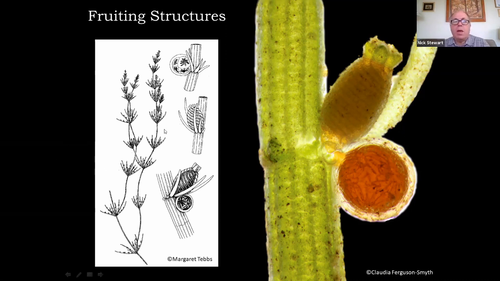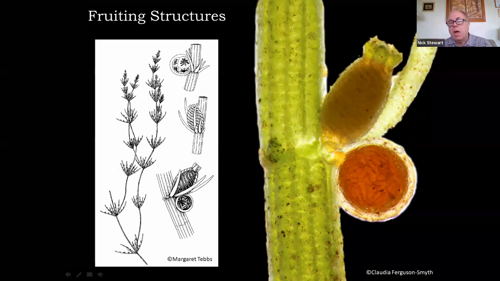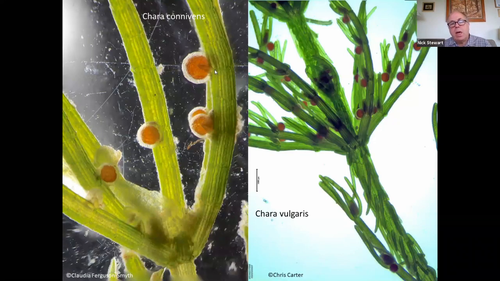But I think I've got some examples. So here we have Chara contraria, which is a dioecious species, and you can see there's the node of the branchlet, and there's the antheridia sitting straight square on the node.